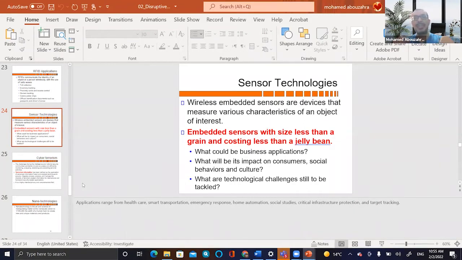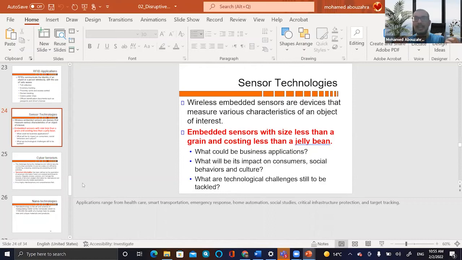In healthcare, we have many wearable devices that you can use to measure blood pressure, oxygen levels, and so on. In industry, sensor technology is heavily used to detect defective items and problems, especially in car development and car manufacturing, to detect errors and problems in the car, and so on and so forth.